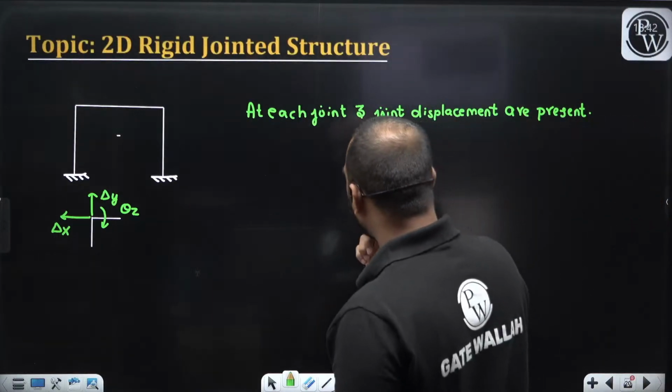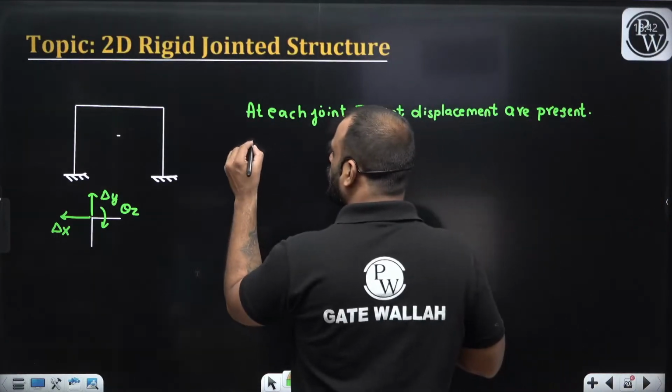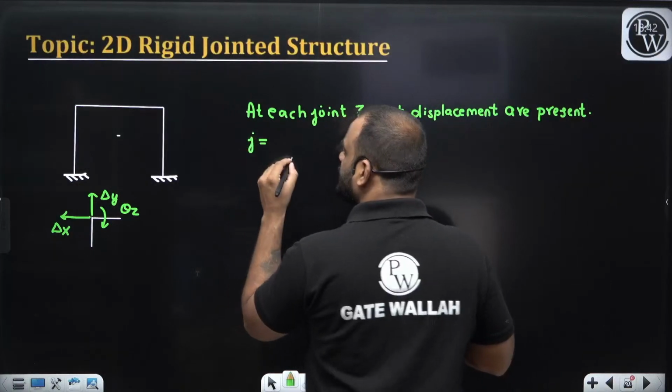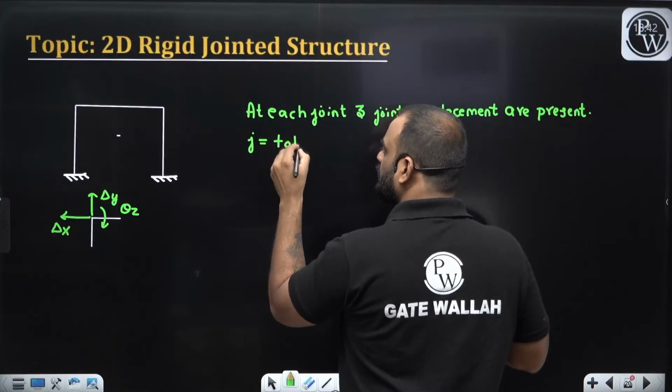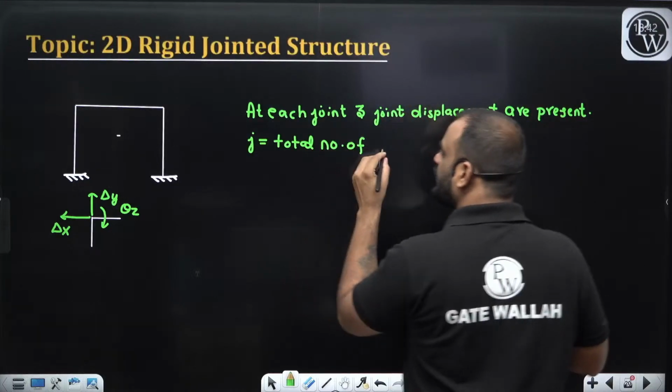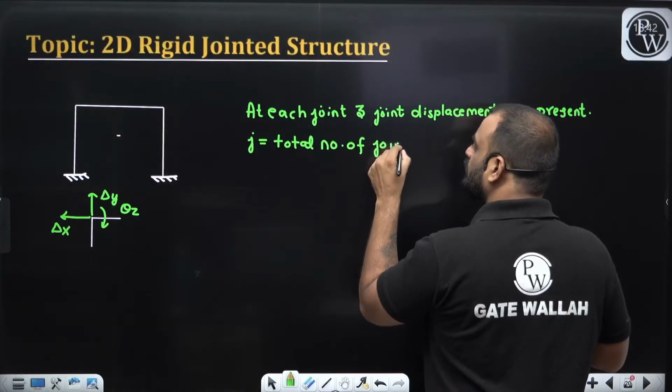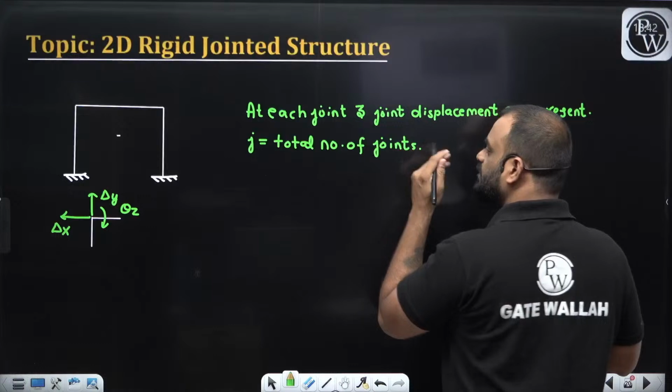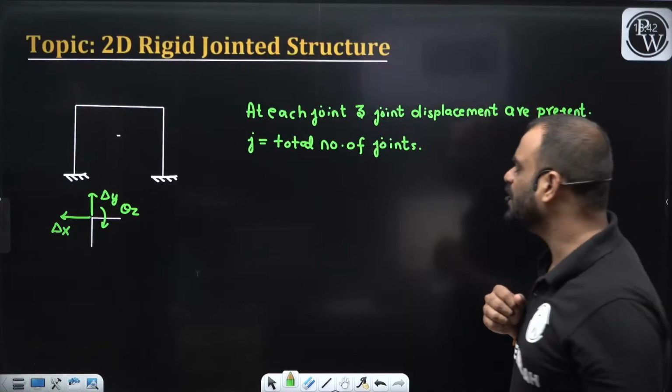Let us consider the total number of joints is j. So can I write it down, guys?